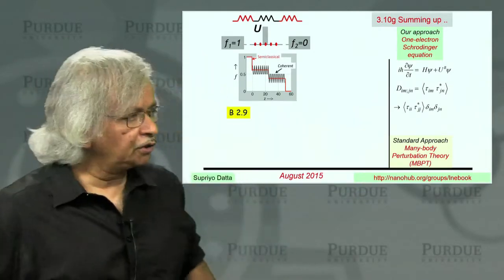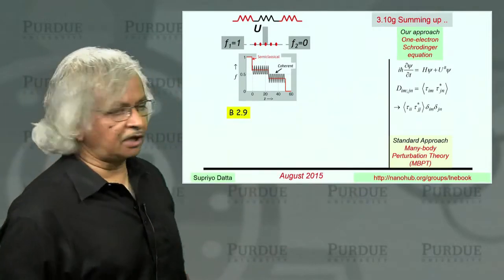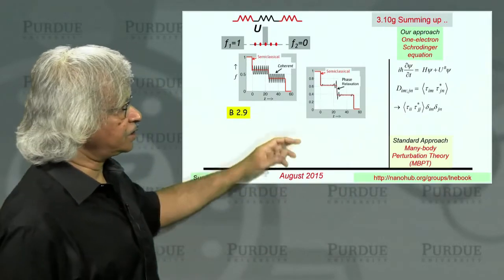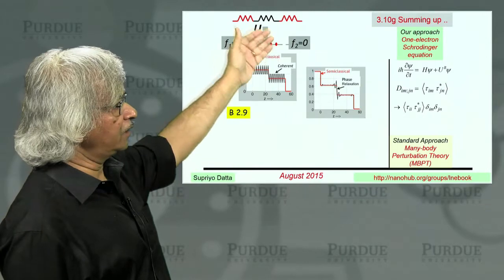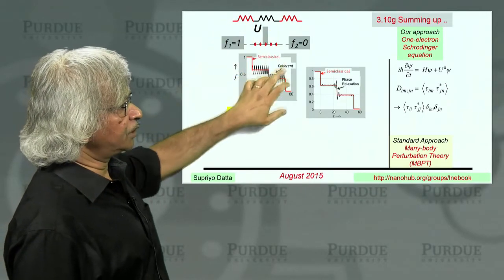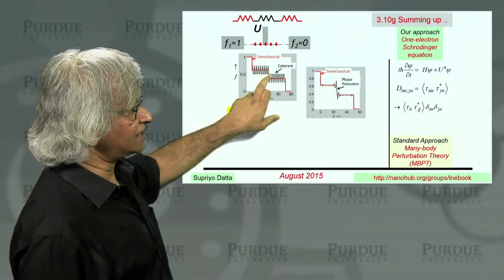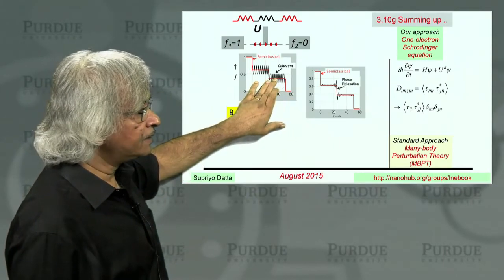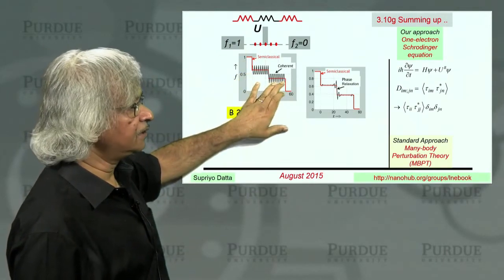See, what you could do is adopt a phenomenological approach. And this is what we talked about in lecture 9, where we showed that if you had a wire with a scatterer, if you do the coherent calculation, you get these oscillations in the electrochemical potential around the semi-classical value.